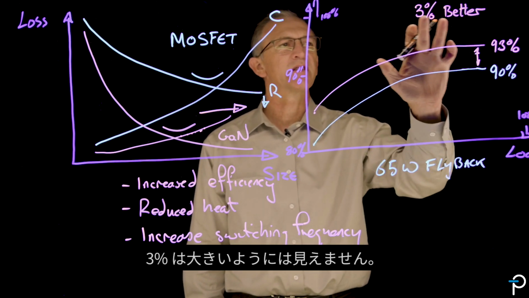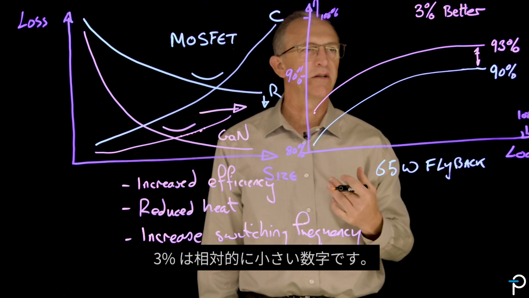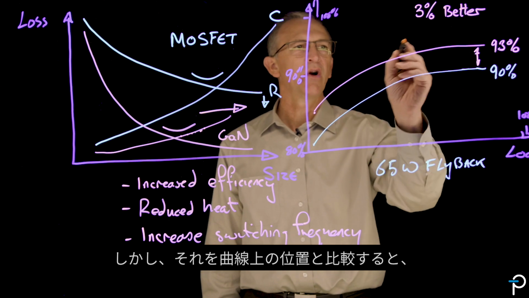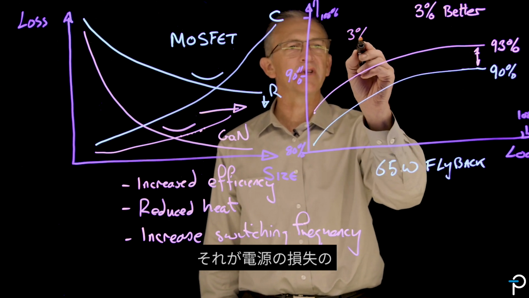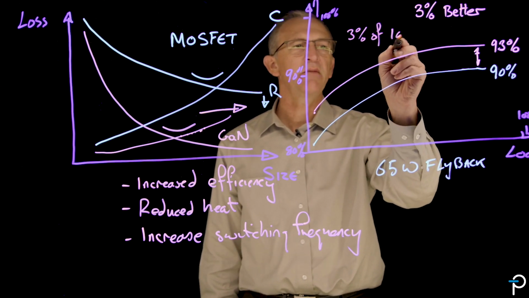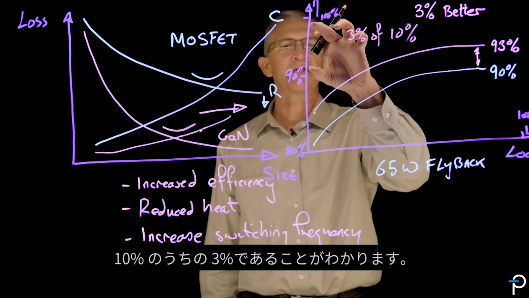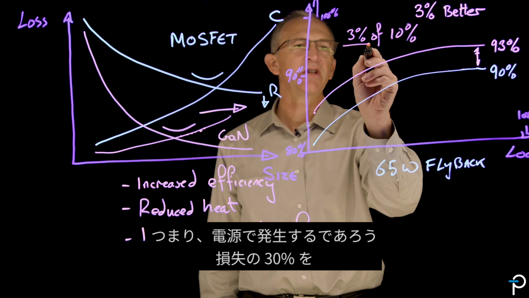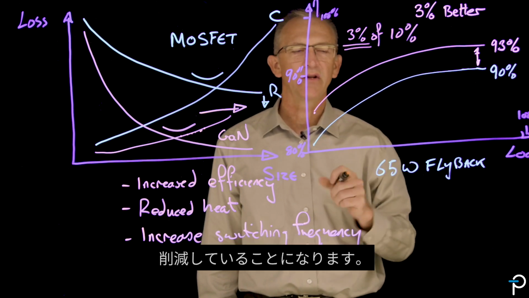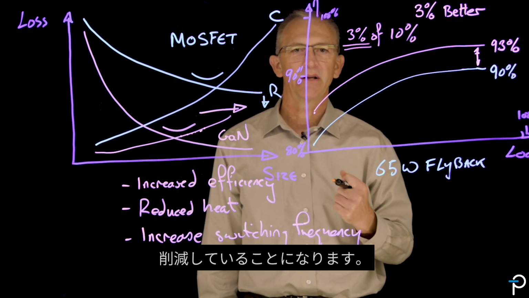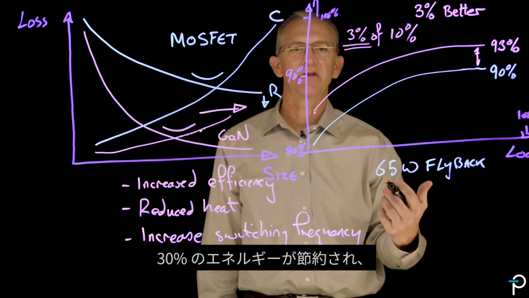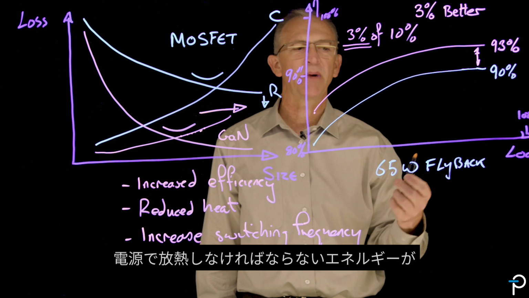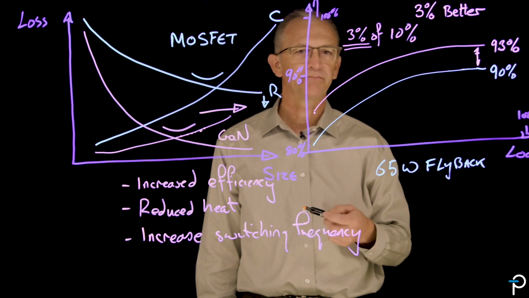Now, 3% doesn't seem like a lot. 3% is a relatively small number. But when you set it against where we are on the curve, what you'll notice is it's 3% of 10%, which are the losses for the power supply. So you're saving 30% of the losses that you would otherwise be generating in your power supply. That's 30% energy saved. That's 30% less energy you have to dissipate in your power supply.